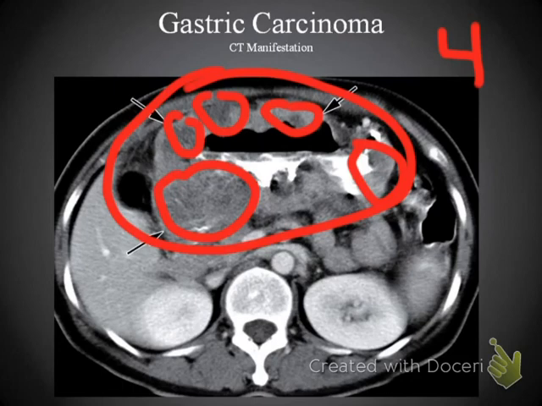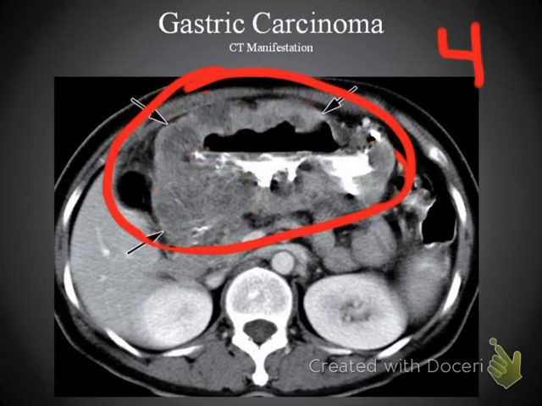But the really scary thing about this is the amount of discomfort that the patient has to be feeling. If we look at this, this is presumably the body of the stomach. And this area here is all the room that we have for the stomach contents, because the bowel wall has been invaded, and so all the fat planes have been obliterated, and there's really nothing left here but just a small portion for food to pass through.